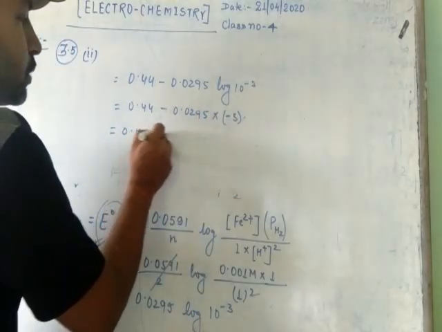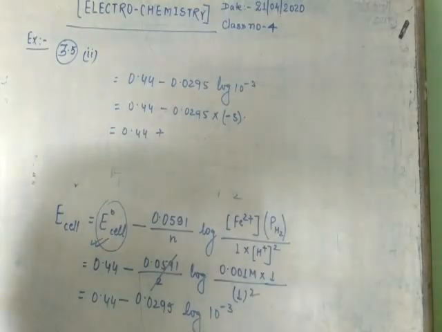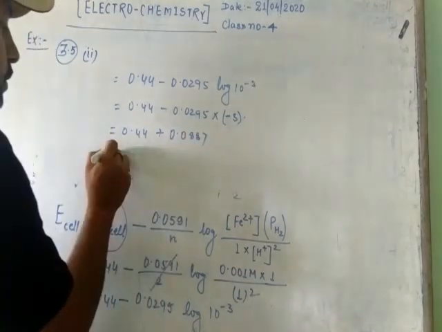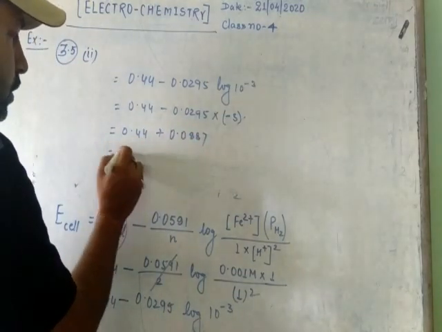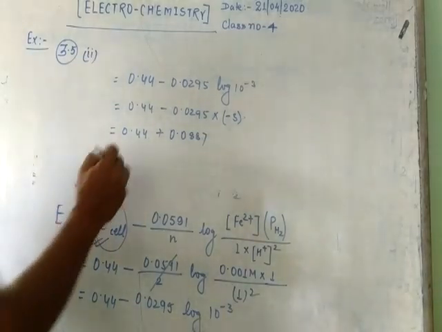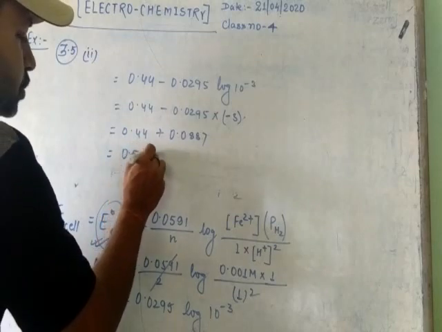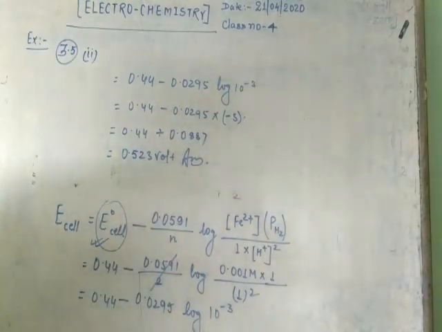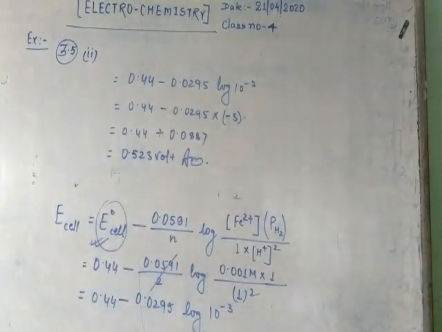Now 0.44 plus 0.0887. We add them and the answer is 0.523 volt. Okay students.